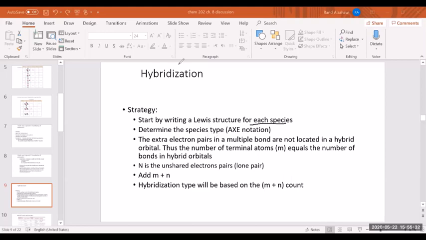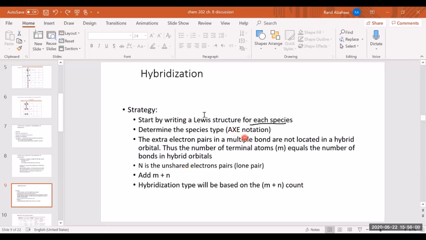Determine the species AXE notation, then the extra electron pair in a multiple bond will not be located in the hybrid orbital. M equals the number of terminal atoms, the number of bonds in a hybrid orbital. So we don't care, we are not counting the double bond.